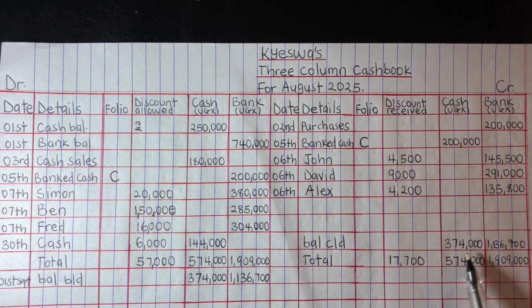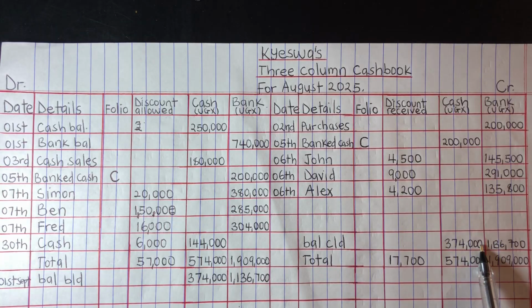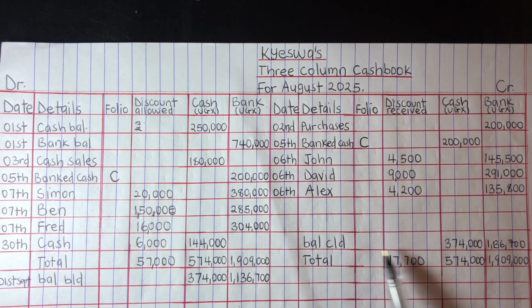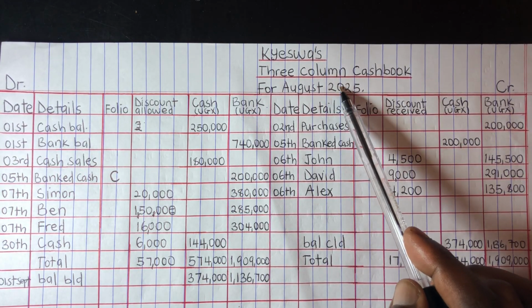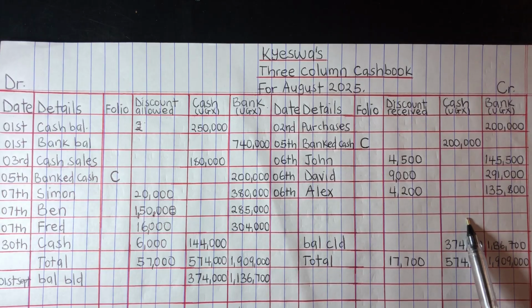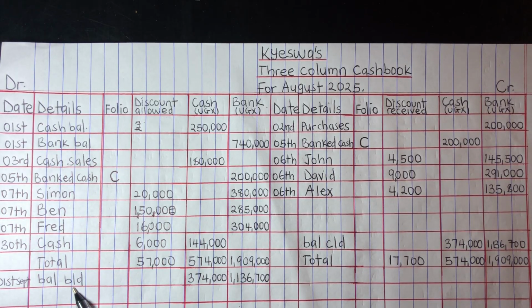So it becomes balance brought down in the month of September. So we are done balancing the cash column on the debit and credit sides and carrying down its balance.